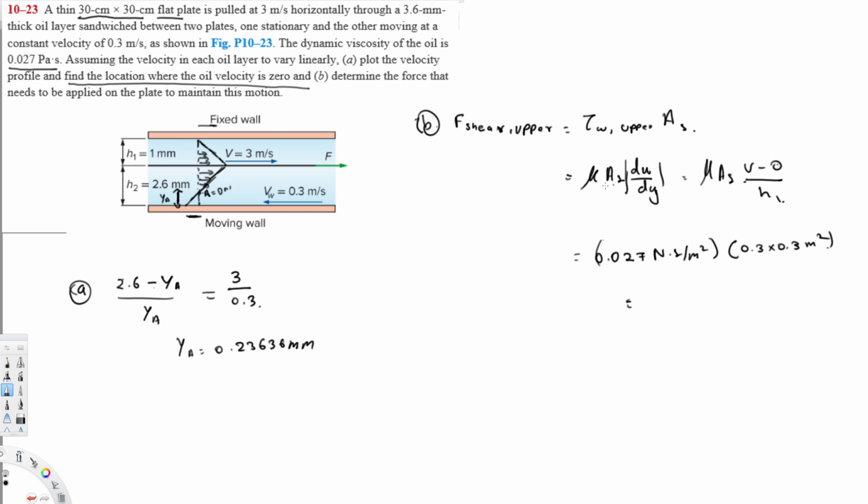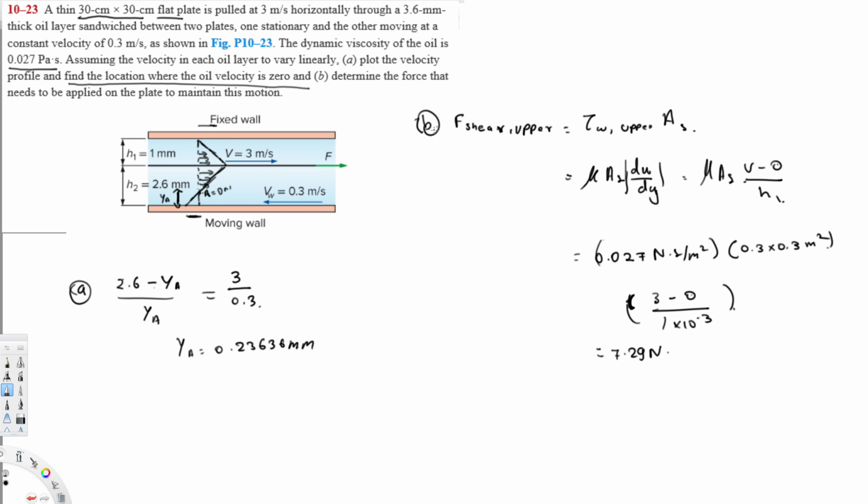Here V is 3, so 3 minus 0. In the bottom we have the distance, that's 1 millimeter, which converted into meters is 1 times 10 to the power of minus 3. So we divide this 3 by 1 times 10 to the power of minus 3, and that's going to be the total shear force in the upper part. If I calculate this, it comes out to be 7.29 Newton.